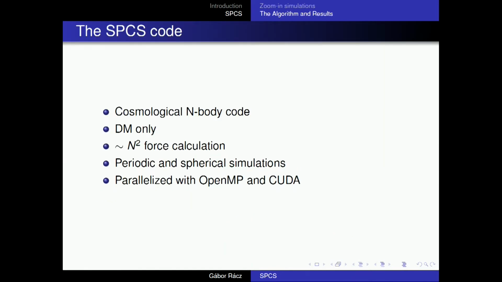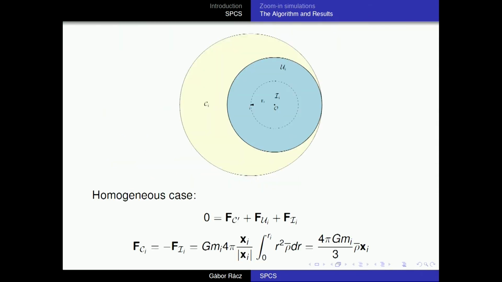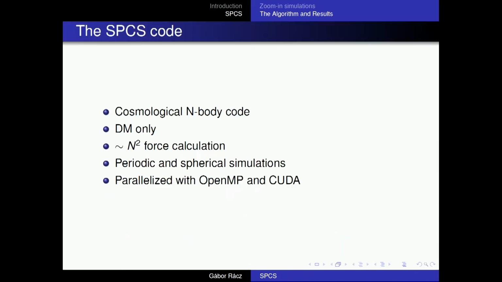So I wrote code to demonstrate this method. It is a cosmological N-body code. It's dark matter only, and this is a demonstration. I use the naive n-squared force calculations, and I use these spherical boundary conditions, and it is parallelized with OpenMP and CUDA.